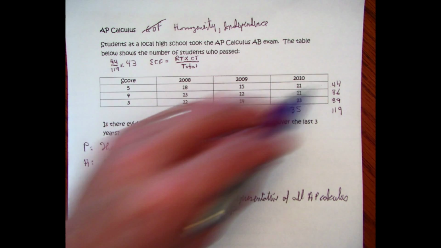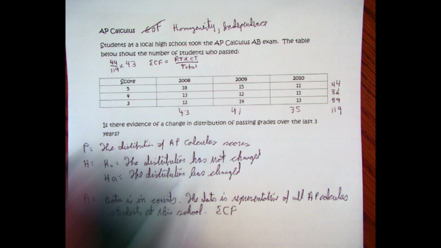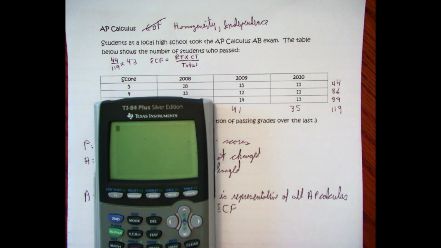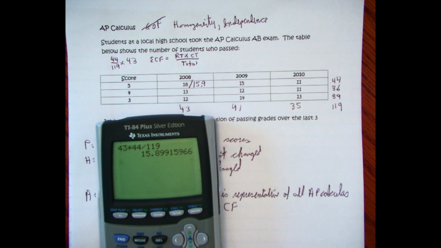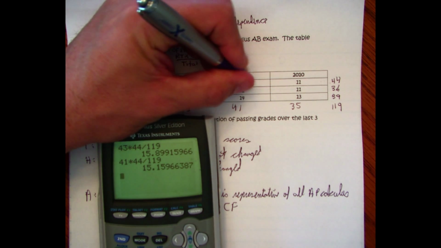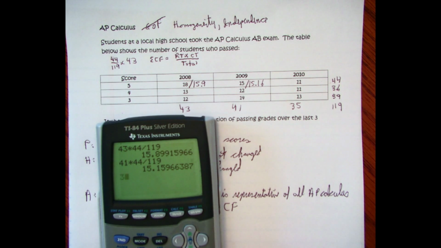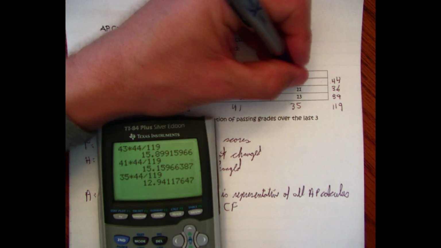So just do the 43 times the 44 divided by 119. And that's what we're going to wind up doing. 43 times 44 divided by 119, we're going to get 15.9. And I'm going to do 41 times 44 divided by 119. That's 15.16. And then 35 times 44 divided by 119, and that's 12.94.